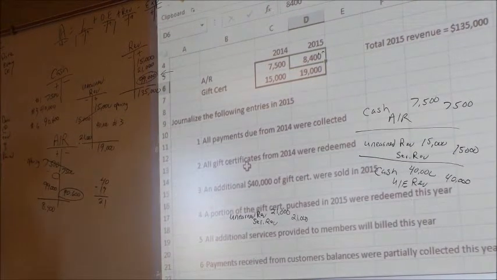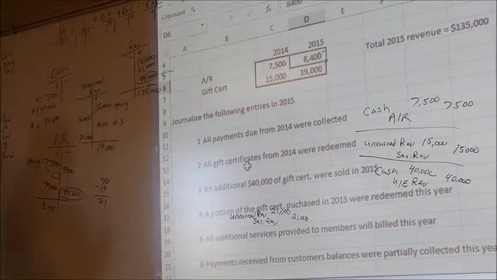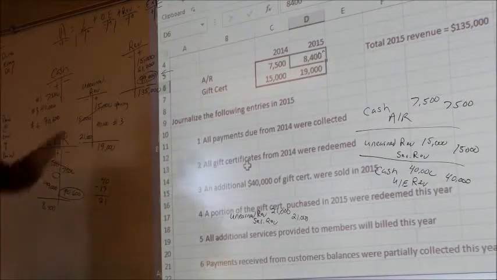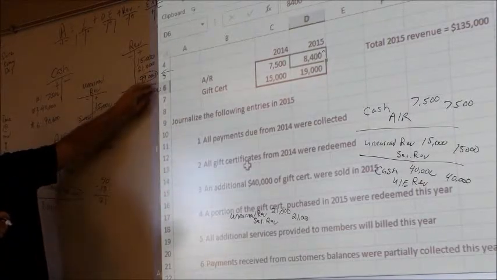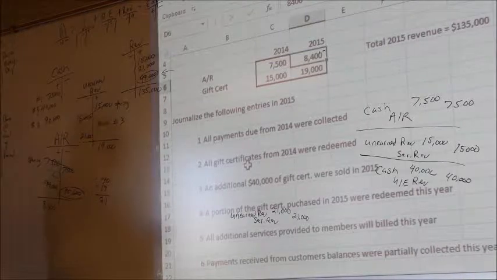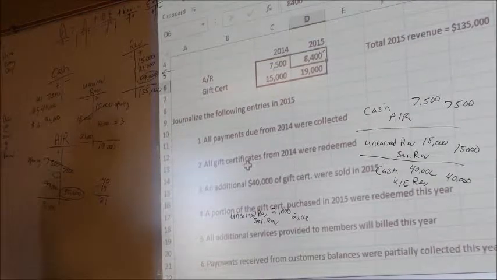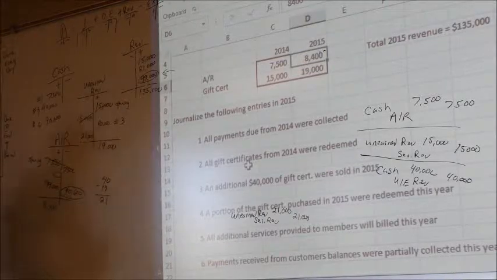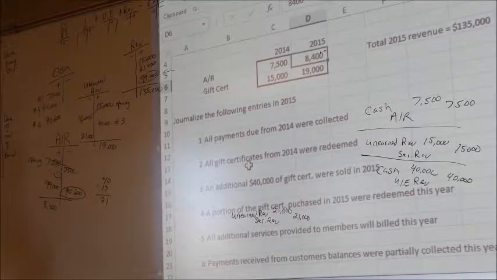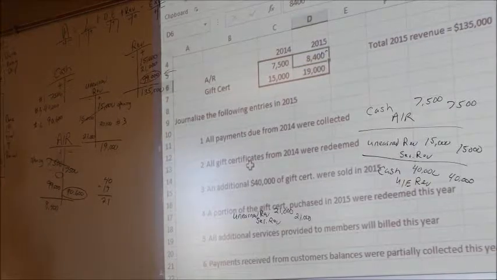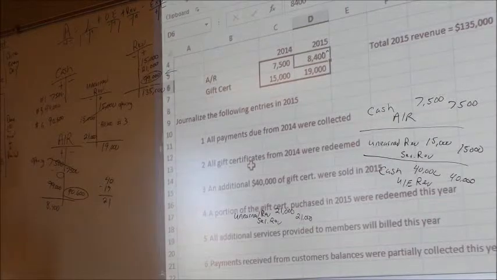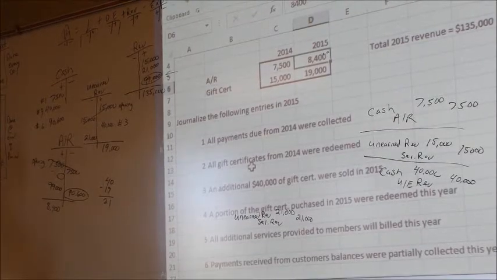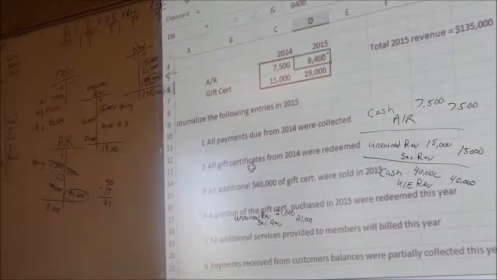No. How much of this revenue do I actually have in cash? $130,600. Less than that. 120,000 is on the right track.